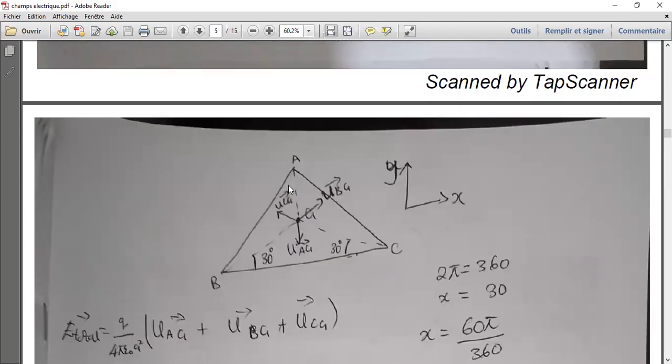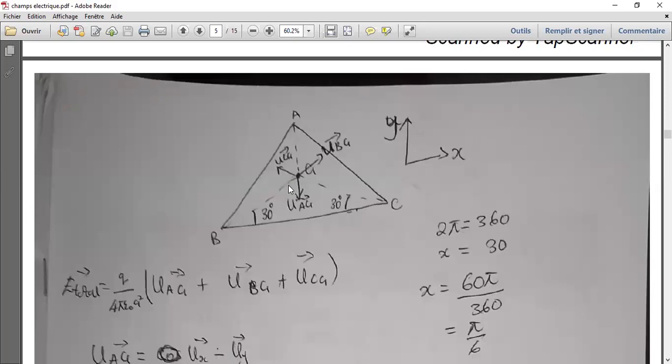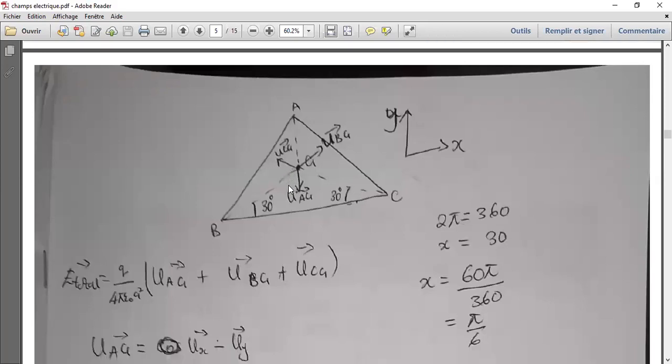So when it comes to vectors, you see that there are different vectors which are created. The force which is caused by A on G creates a vector which is UAG, which is the one going outward.